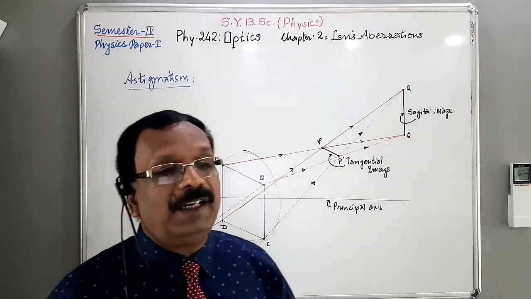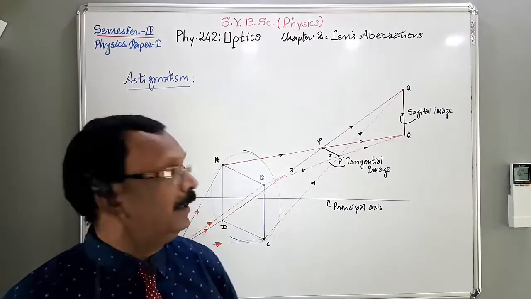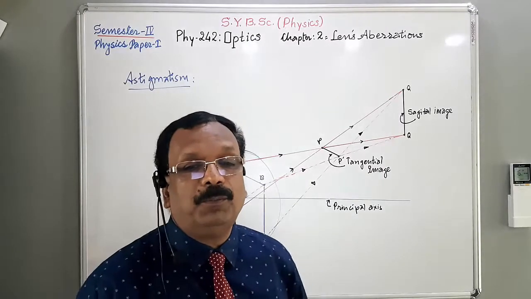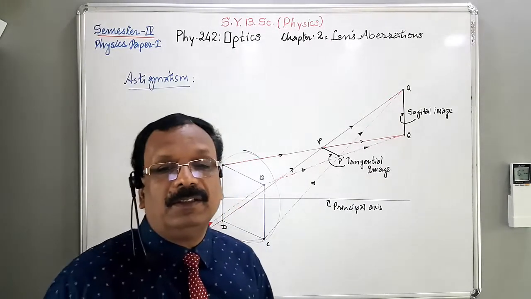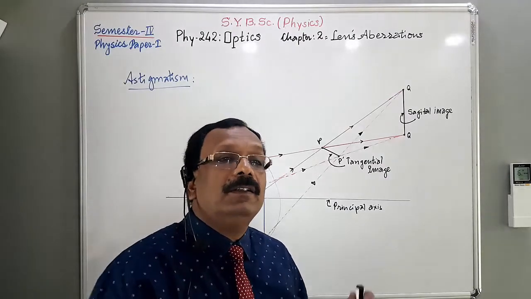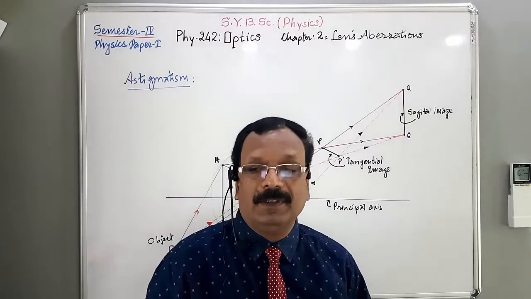This figure illustrates the presence of astigmatism. In the figure, the point object O is situated far off the axis of the lens, or principal axis.